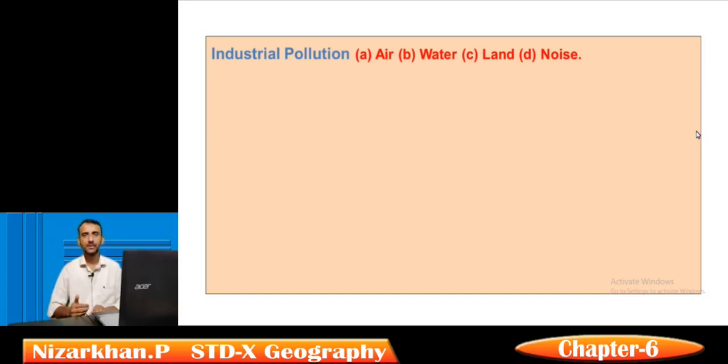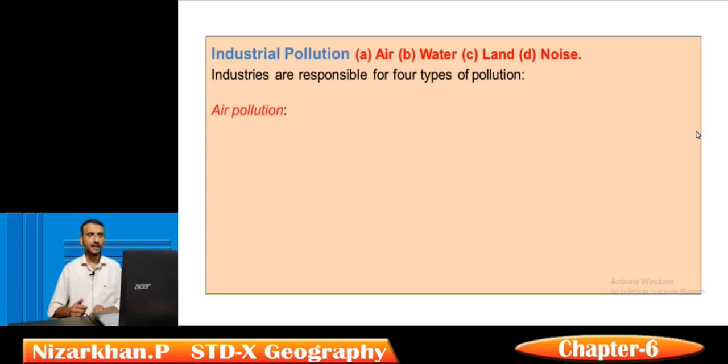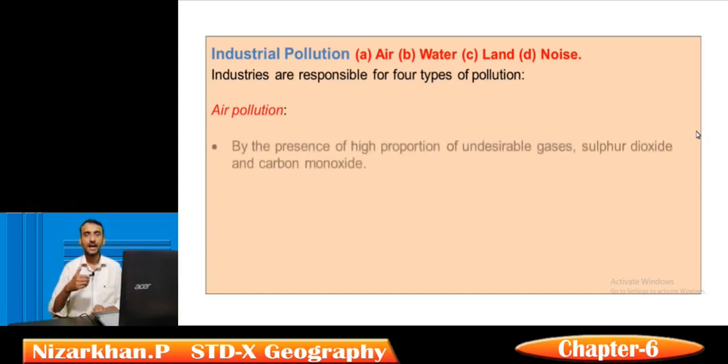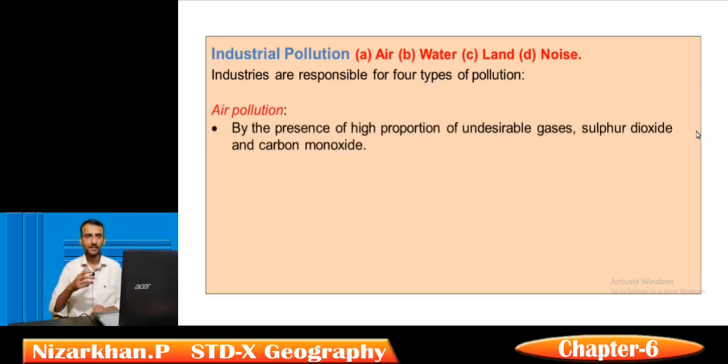Industries are responsible for 4 types of pollution: air pollution, water pollution, land pollution, and noise pollution. We can take the first one, air pollution, caused by a high proportion of undesirable gases like sulfur dioxide and carbon monoxide. Most industries emit these types of undesirable gases.